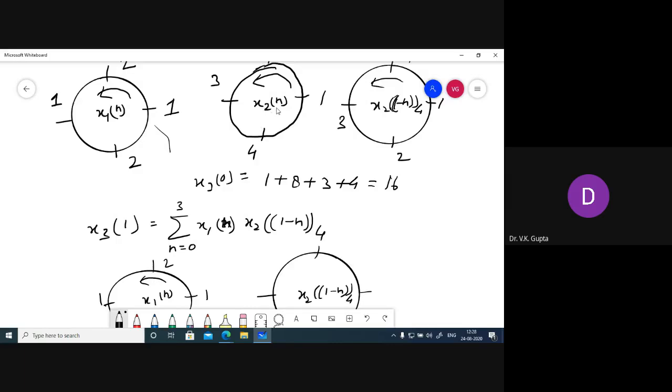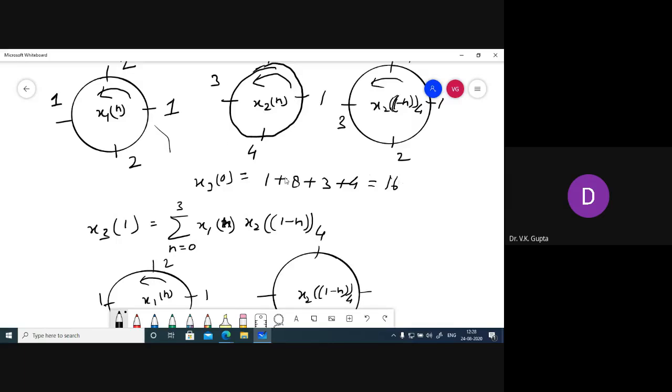When we have x2 of (n plus 1), shifting will be in the negative direction. Similarly, for the reversed sequence, x2 of (minus n plus 1) is shifted in the positive direction, and x2 of (minus n minus 1) in the negative direction.